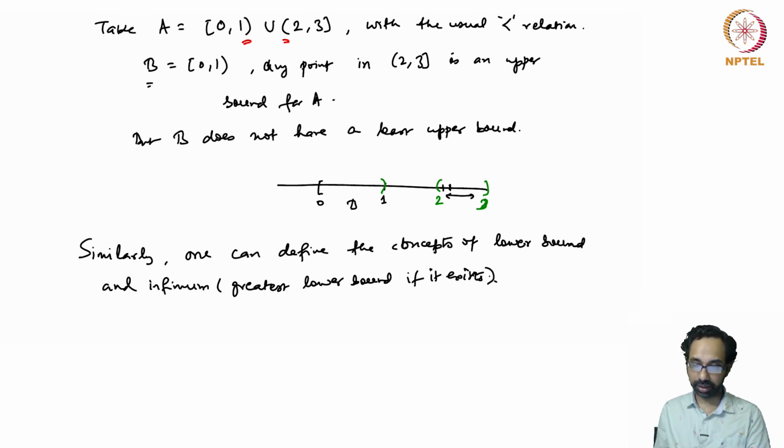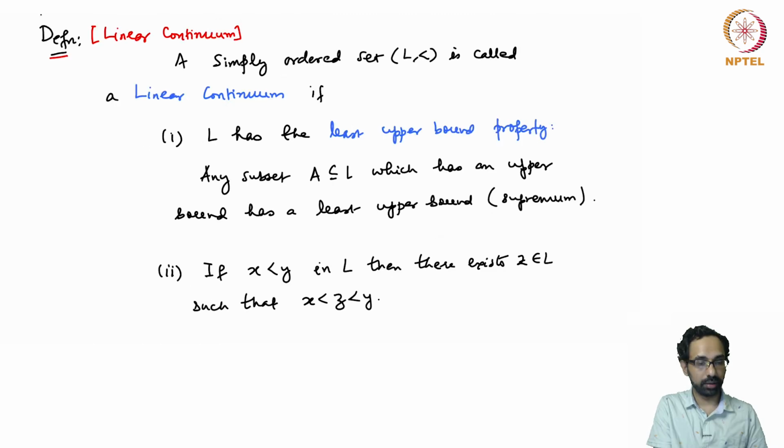And with these structures in mind, we can now define what is called a linear continuum, and this is again a generalization of the usual order properties of the real line, and in particular the real line itself is a linear continuum. So here's the definition of a linear continuum.